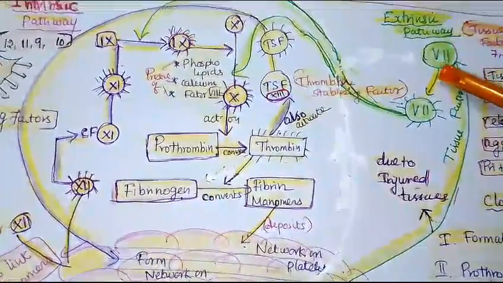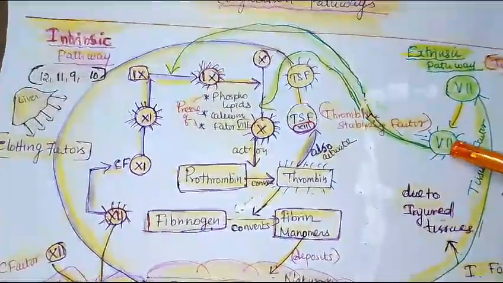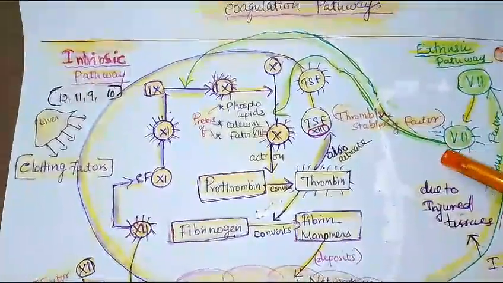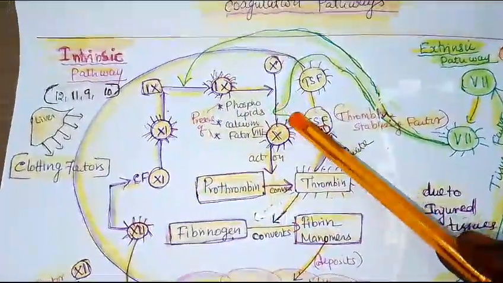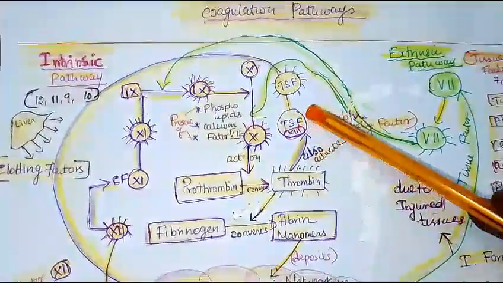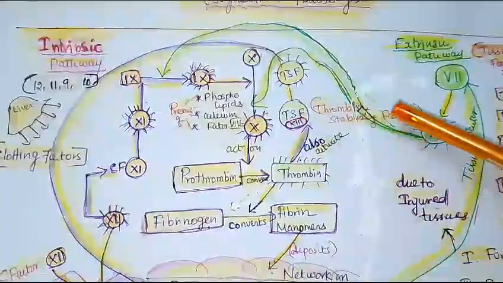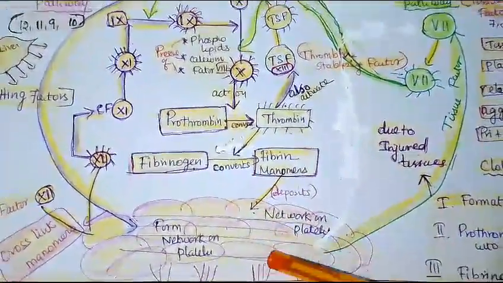So this 7 is getting activated, and factor 7 will again stimulate and activate the 9 as well as the 10. When the 9 and the 10 are activated, it will produce a lot more and also deposit more.